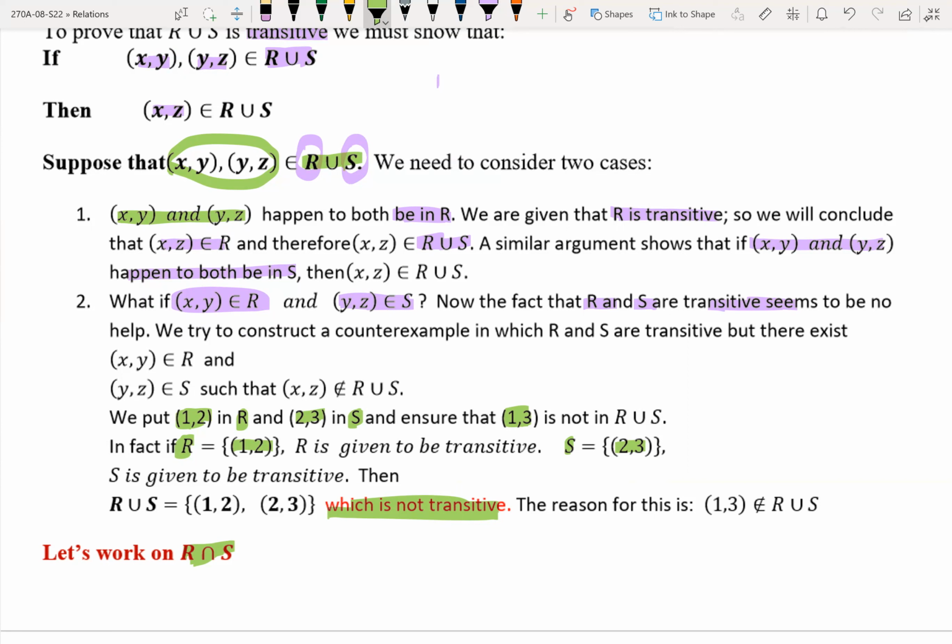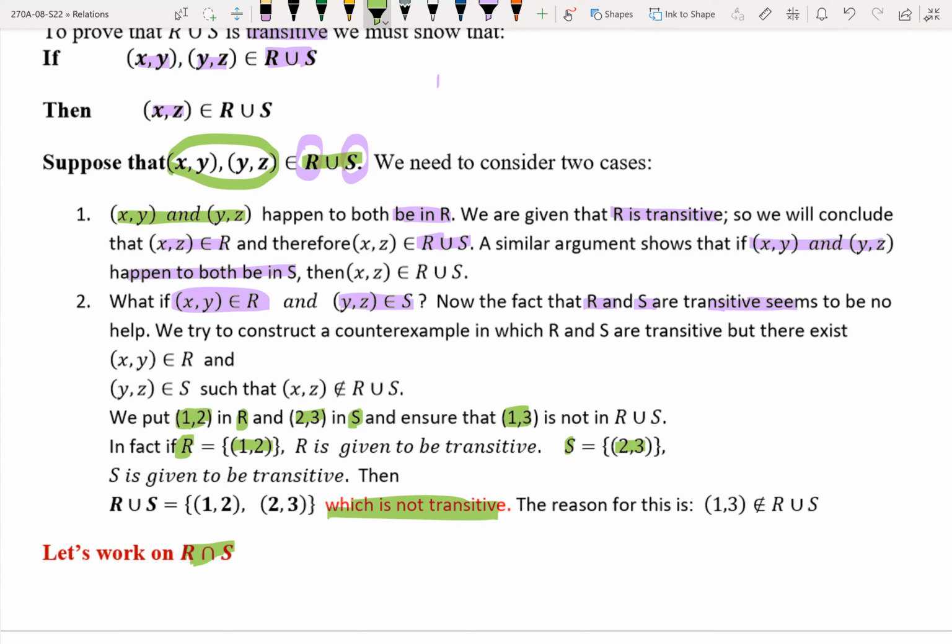So I simply make my R and S have only one element. One single element by itself is transitive. And then one from R, the other one from S, put them together. There is no third one, which is 1 and 3, to make it transitive. So that fails.